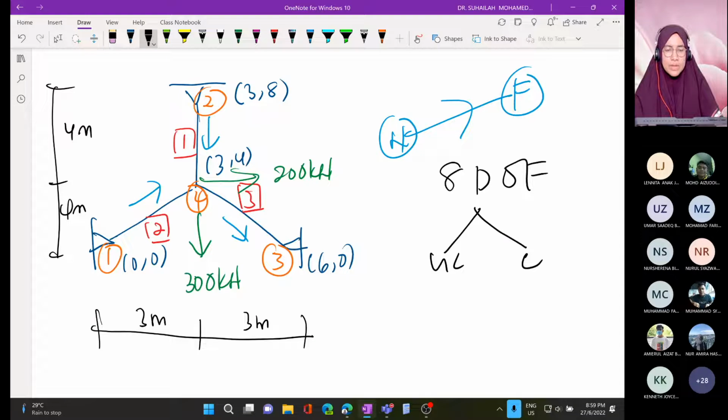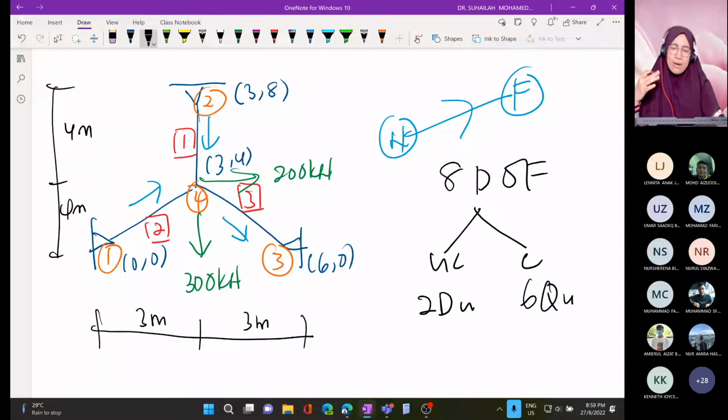From the support, there are 3 pin supports at node number 1, 2, 3. 3 pin supports equal 6 unknown reactions. So the remaining will be 2. So these 2 mean there are 2 unknown displacements. Okay, this one must be clear.